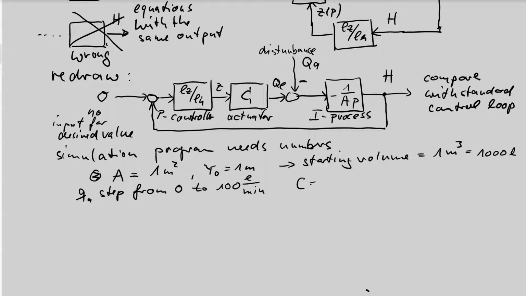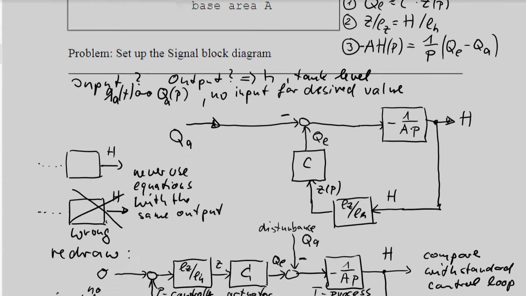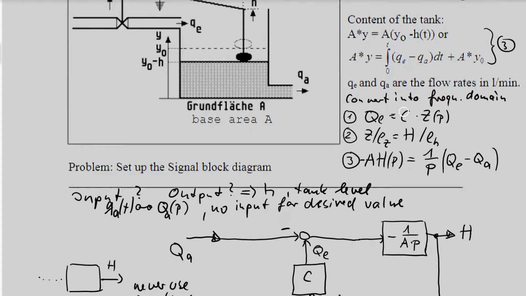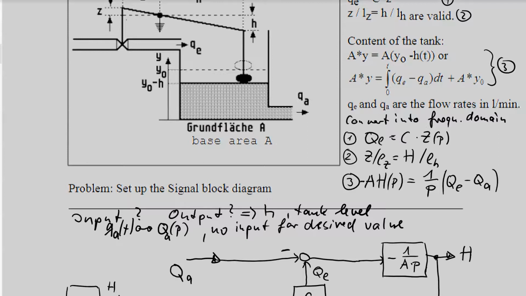C should be a valve constant, which is a ratio: if I multiply with the size of the movement of this connection, Z, it gives a flow which fills water into the tank. I want to do this in the following way.